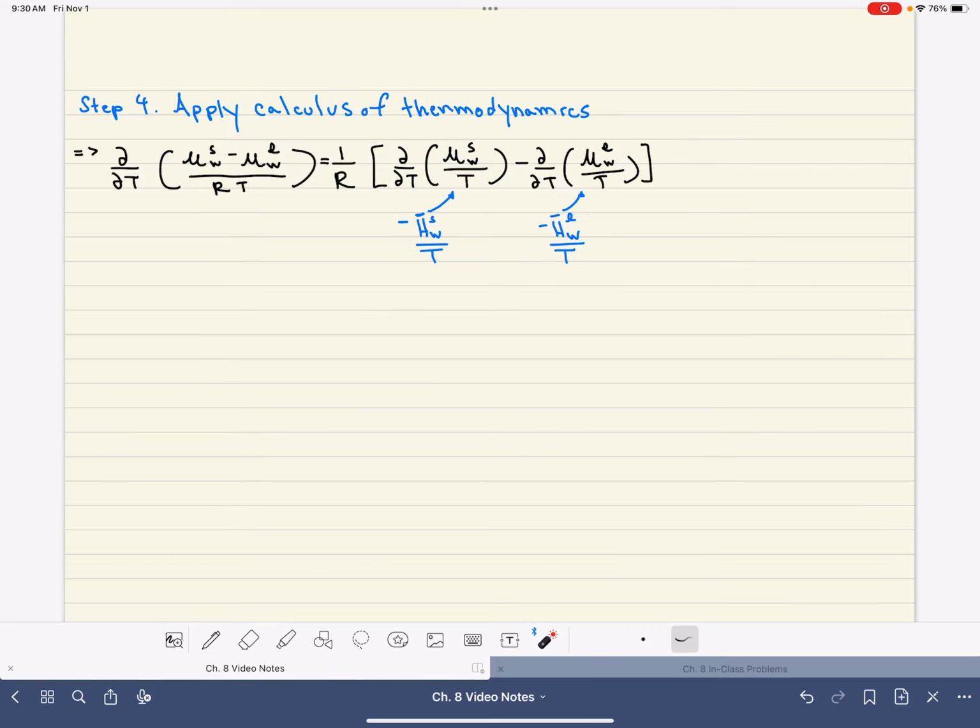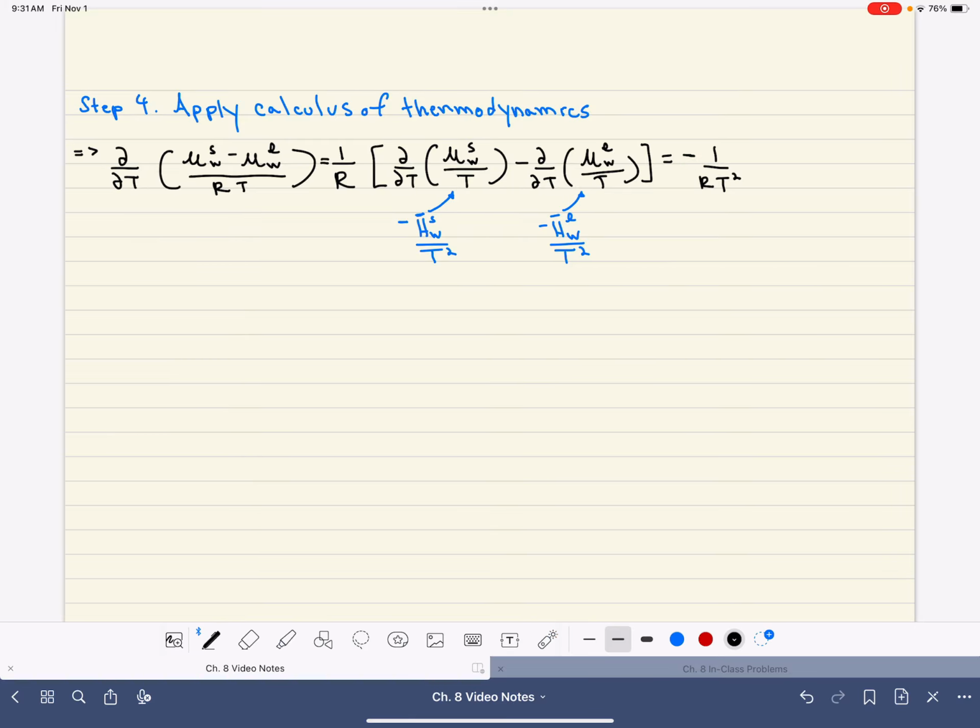So that comes from applying the calculus of thermodynamics. Okay? And so now that we have turned the chemical potentials into enthalpies, we could combine like terms. So here, there should be a square here. Okay? Could pull out the T squared term, so R over T squared, and I also pulled out the negative sign as well.